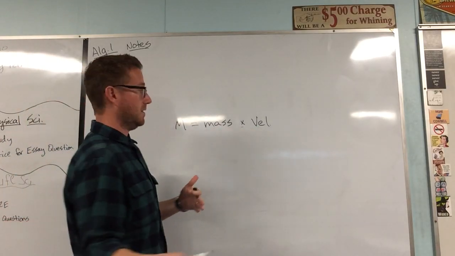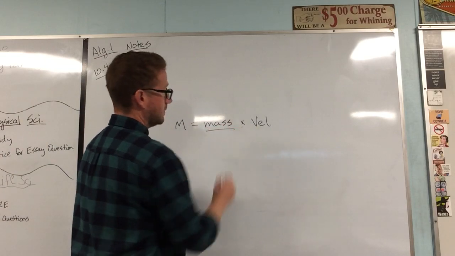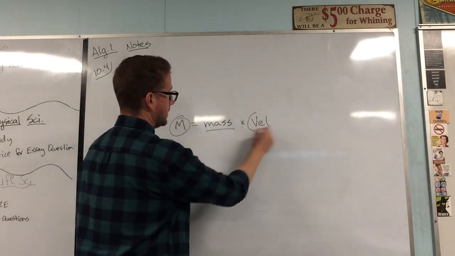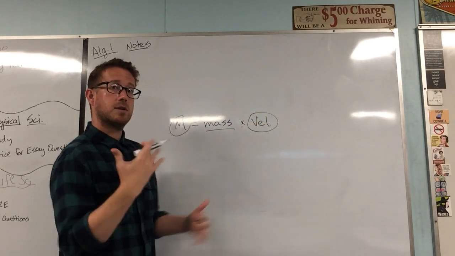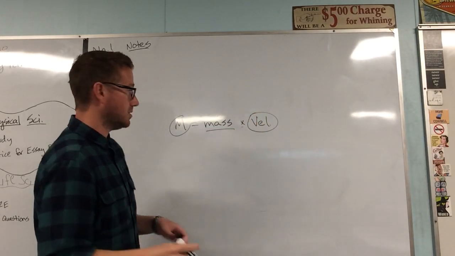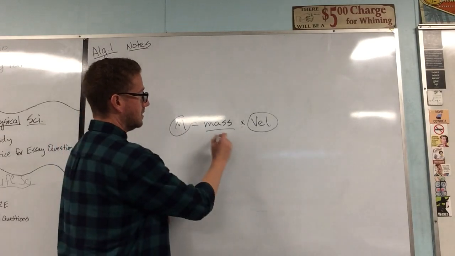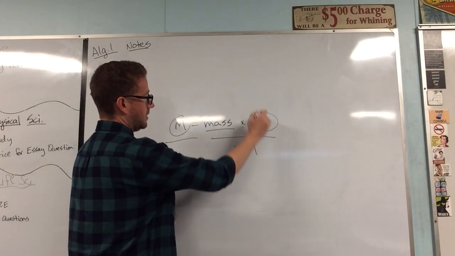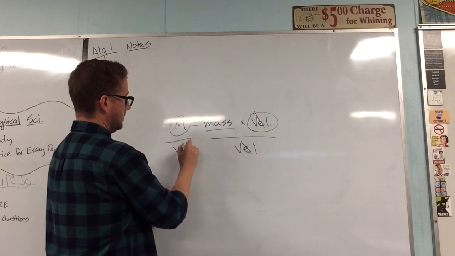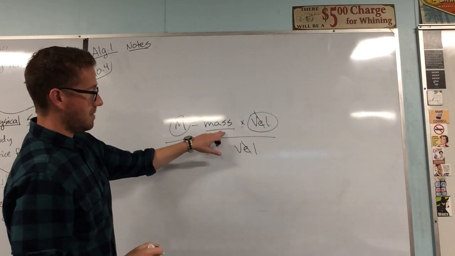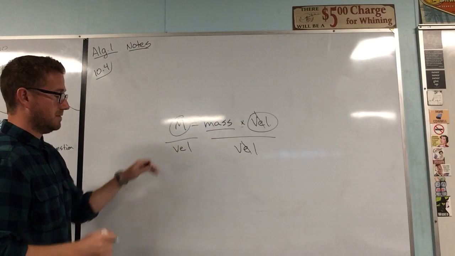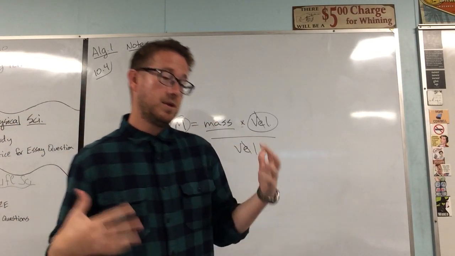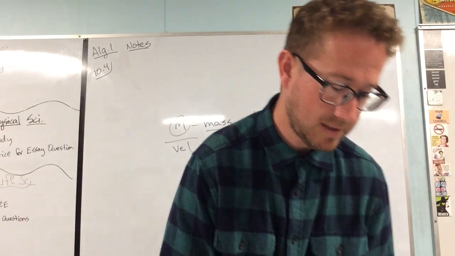But what if I want you to solve for mass, which would mean I'm going to have to give you momentum and give you velocity. So you're going to have to change up the equation. To get mass by itself, you would divide both sides by velocity. And essentially you're going to say that mass equals momentum divided by velocity. So those are other things that be aware of you may have to do on the test.